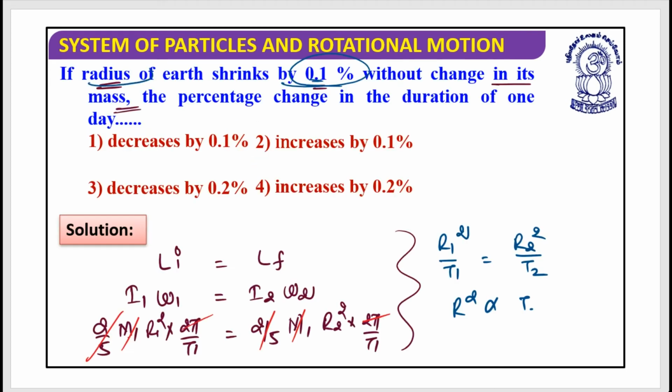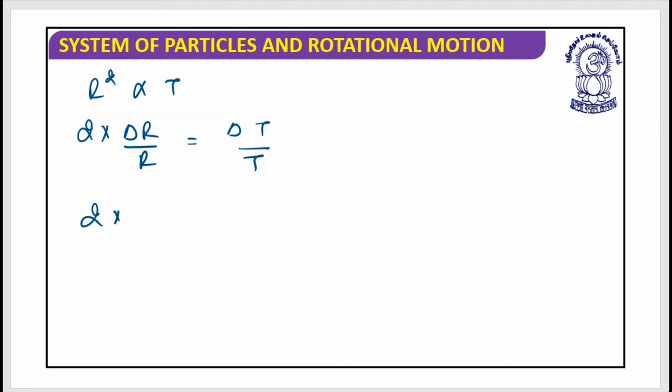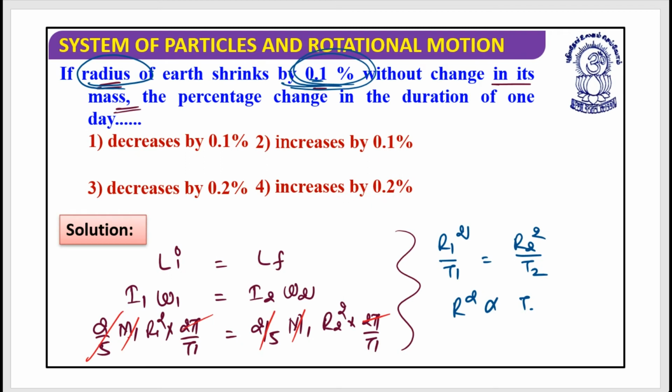As they said the radius has changed by 0.1 percent, this is 2 into 0.1, which is equal to delta t by t. So delta t by t is equal to 2 into 0.1, that is 0.2. Yes, this is the variation.